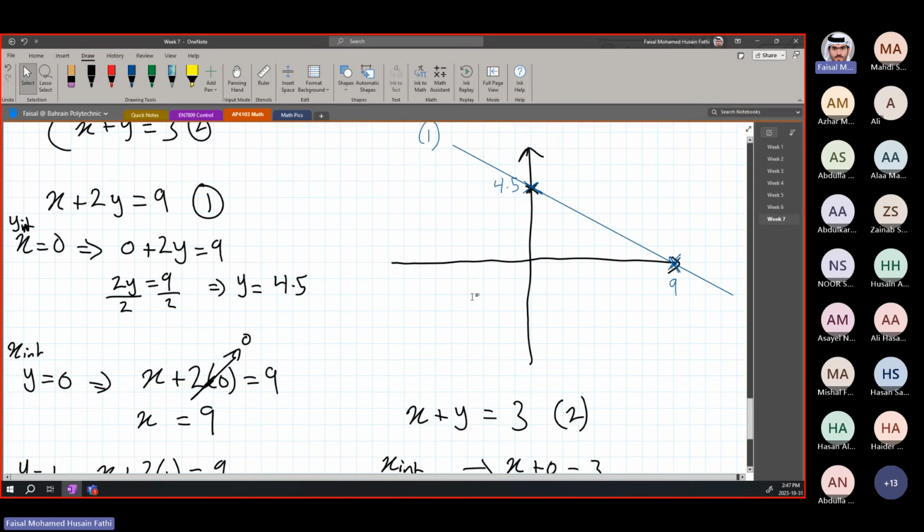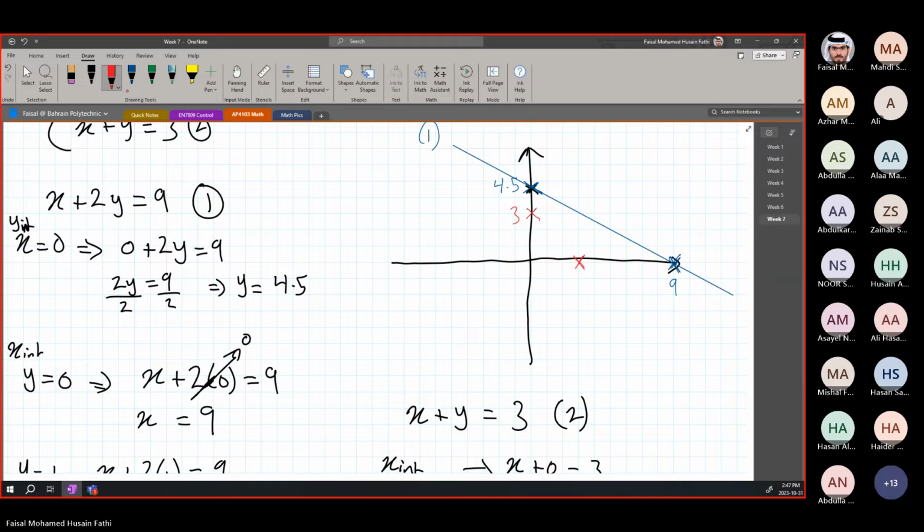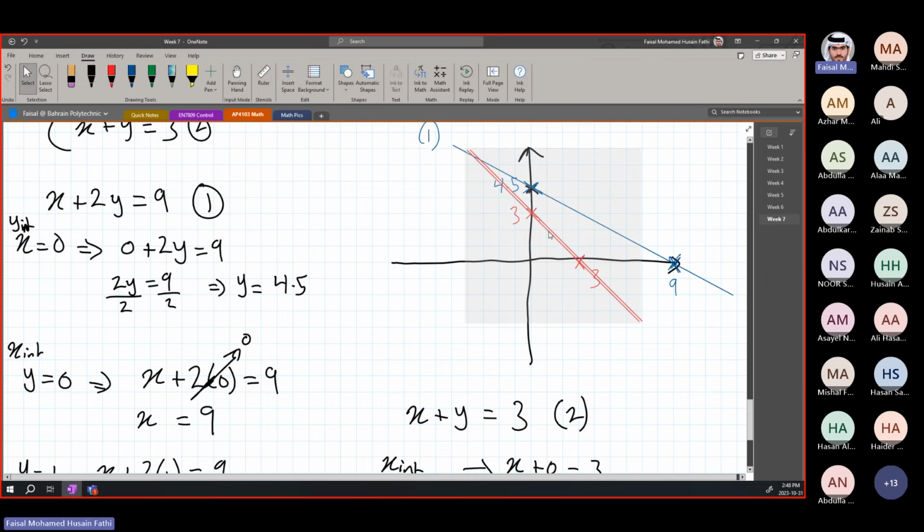Simple and easy. Now if we want to plot it, we know that y is equal to 3, so 1, 2, 3. This is 3. Or x equal to 3, so let's say 1, 2, 3. X is equal to 3. And now we will draw the line. It will be something approximately like this.